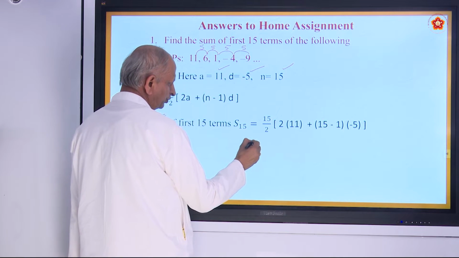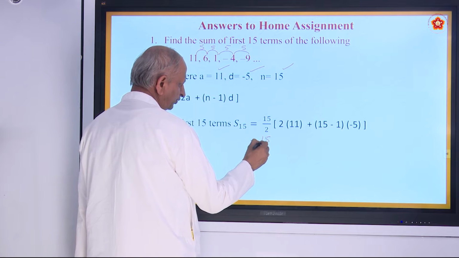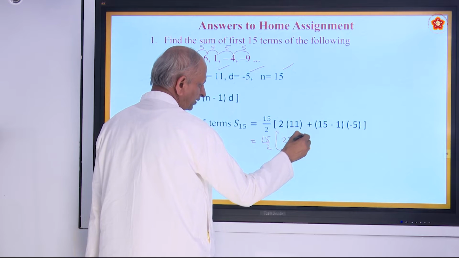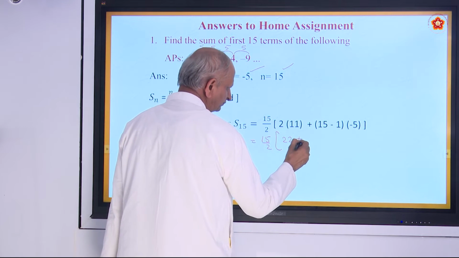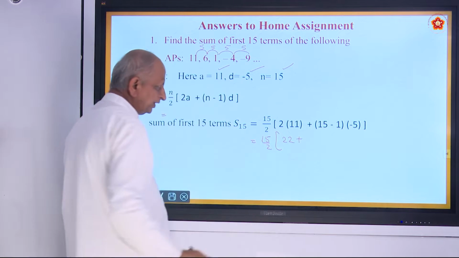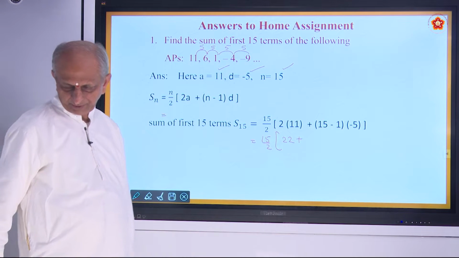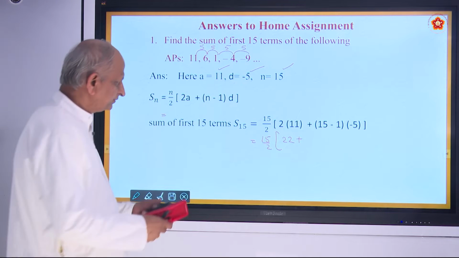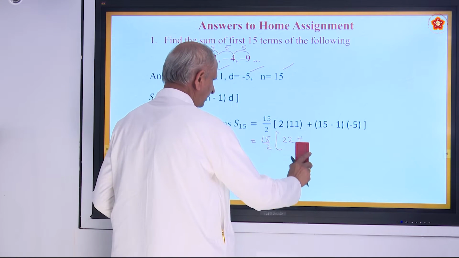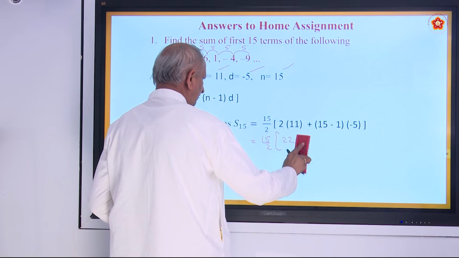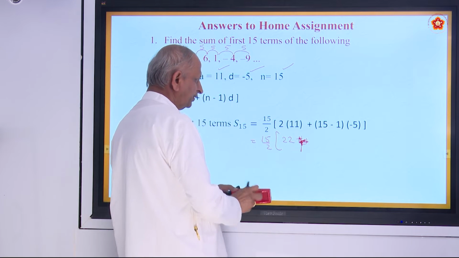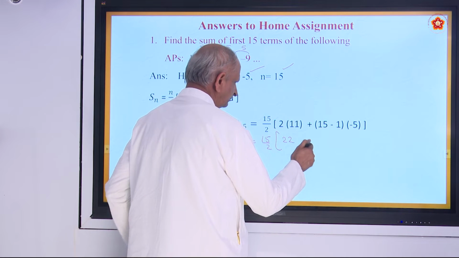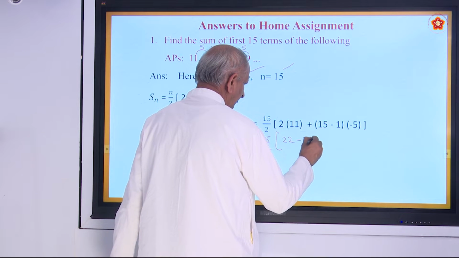So that comes to 15 by 2 into 22, 14 into minus 5. 14 into minus 5, how much does it become? 14 fives are how much? Anybody? 14 fives are 70, and what is the sign? Minus 70.